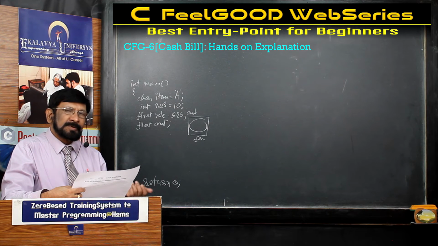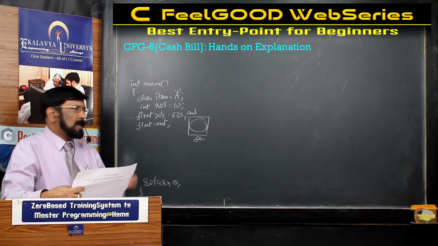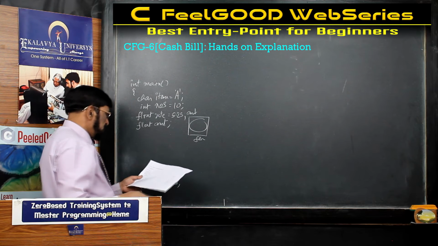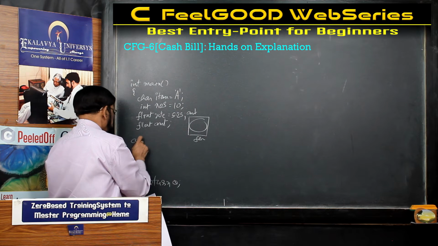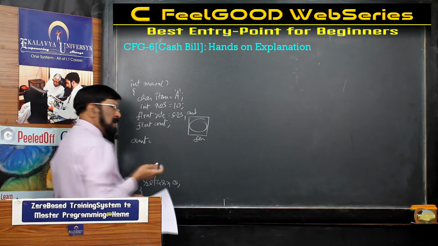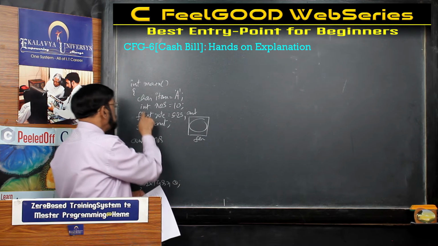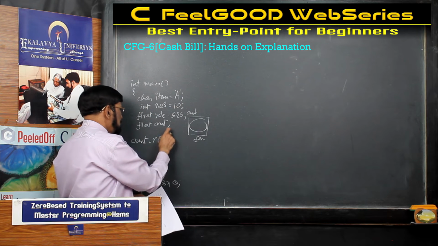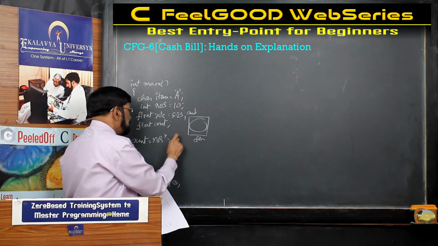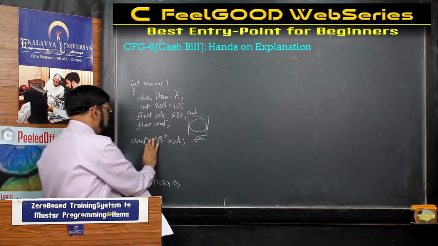For how the computer will calculate, we are giving a formula. What is the formula for this amount? You know, it is a mathematical formula only: numbers into rate. The formula I write.